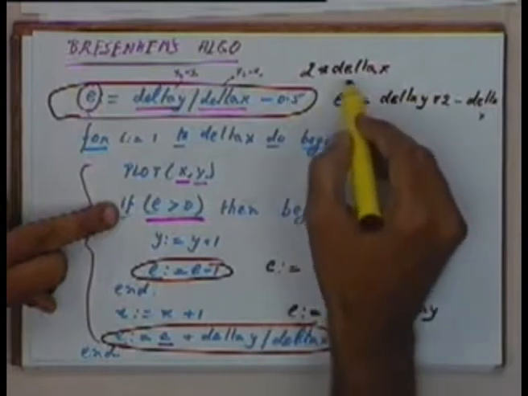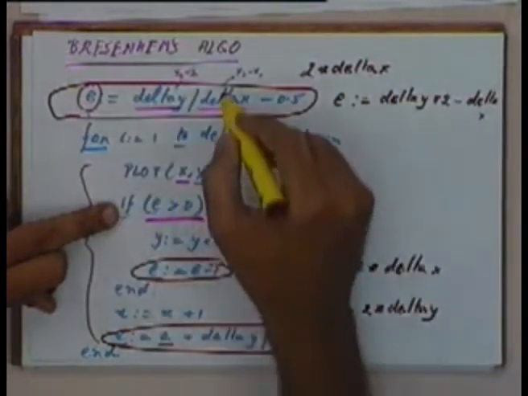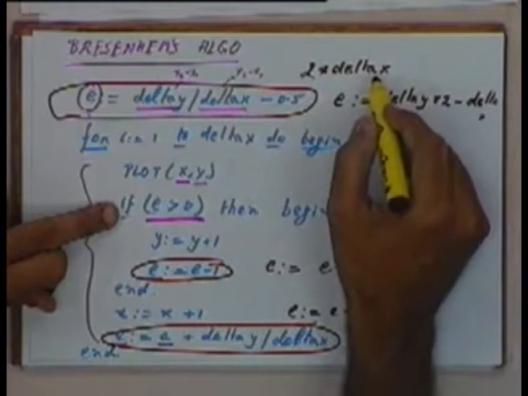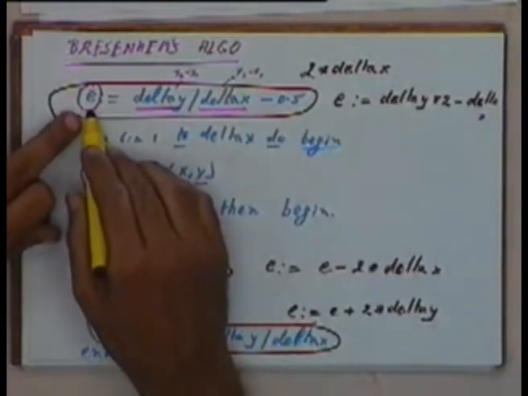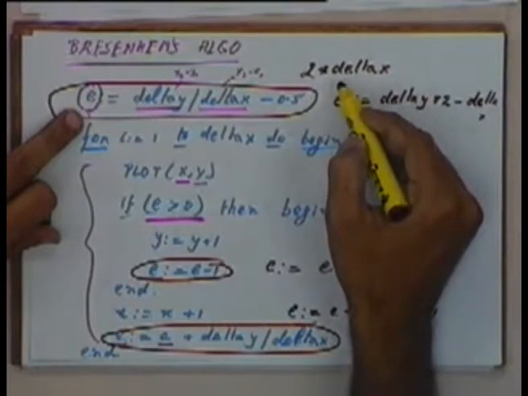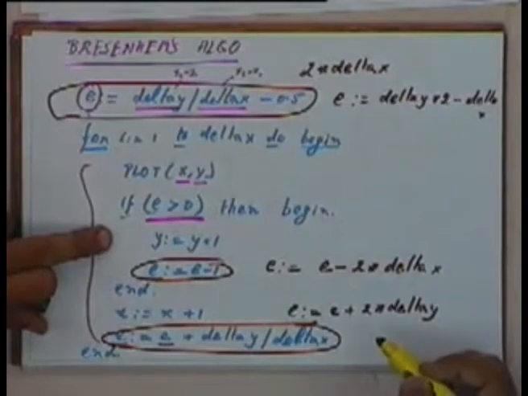Mind you, delta x is a positive number, because in this case I have taken x2 to be greater than x1. So I multiplied my term E by a positive constant, and the sign would remain the same throughout.